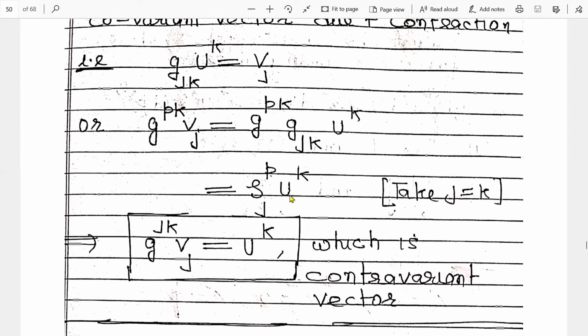Now when we multiply by the Kronecker delta, it does not affect these values, but j and p should be equal.